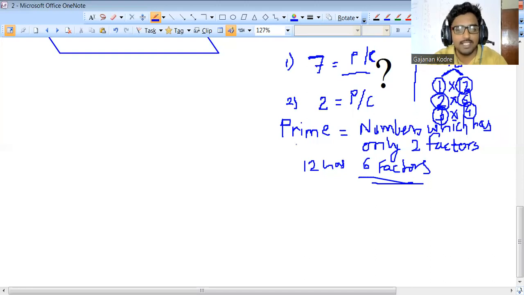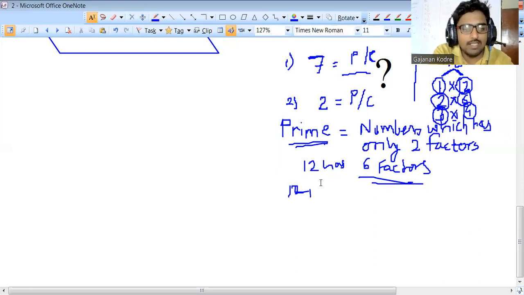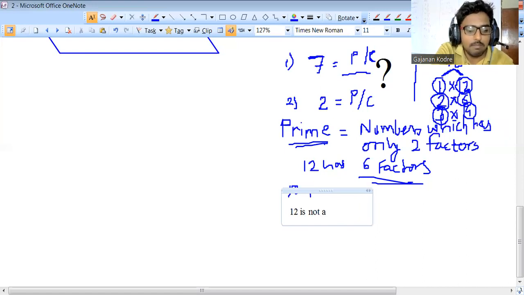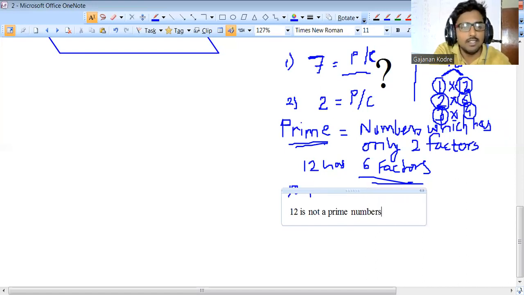So is it a prime number? तो हम कह सकते हैं, just a minute. Yes, here we can say 12 is not a prime number. Clear?